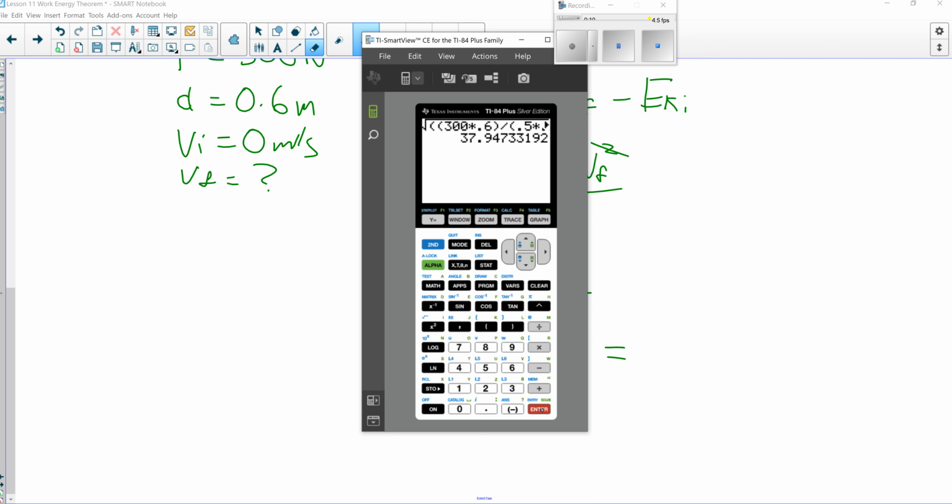The big thing here is that doing it this way and doing it piecemeal, you have to make sure that you separate the top operation from the bottom operation. You can't just punch this in like this.